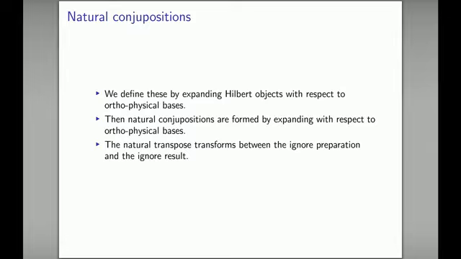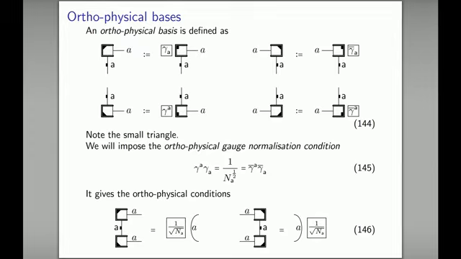An orthophysical basis is defined like this. We take the original orthonormal basis and put the corresponding gamma in front, for each of these. And there's a little triangle now instead of a square.